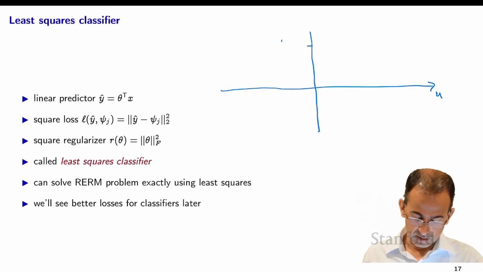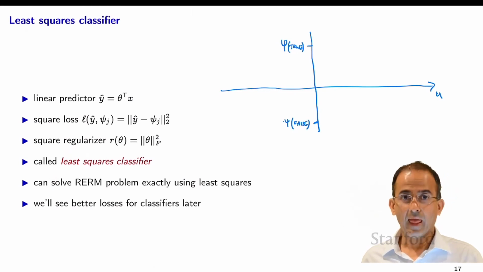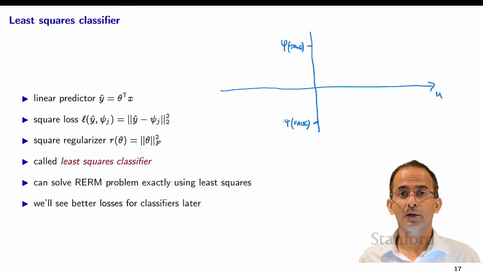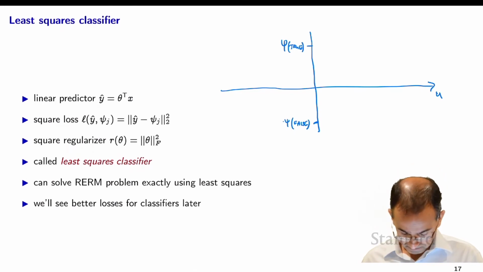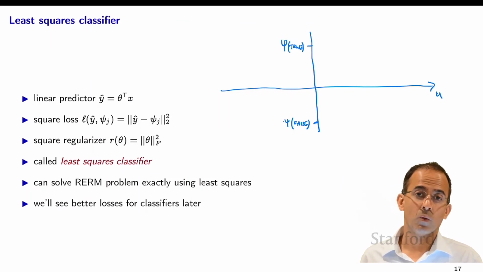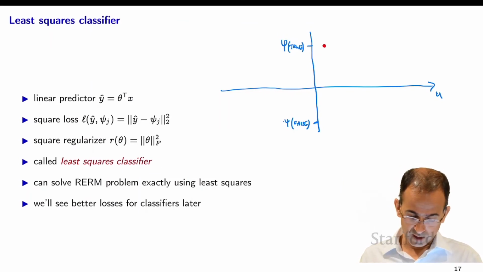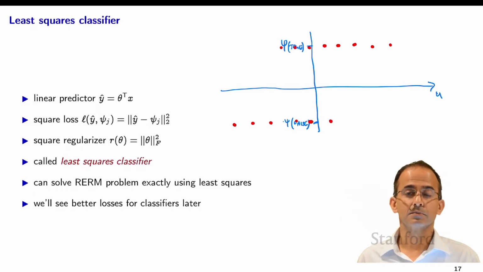So this will be psi of true, and this will be psi of false. And each of our data points will give us a value of u and a corresponding value of v, which will embed to give us a 1 or a minus 1. So we might have a bunch of data points here and a bunch of data points here, and that's our data points.